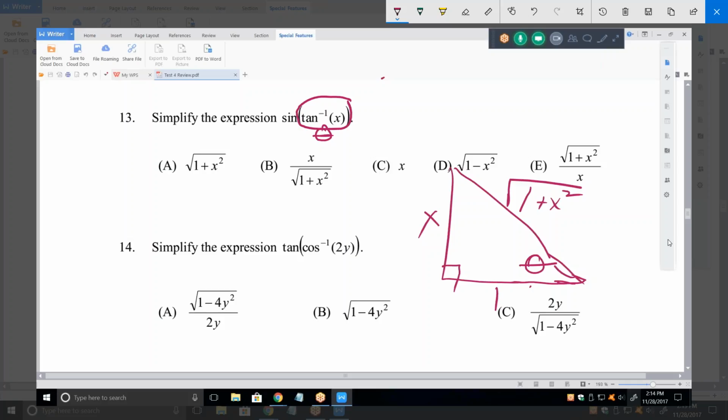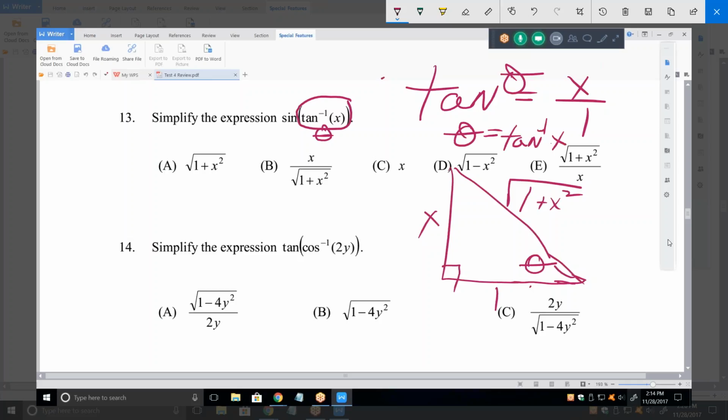And if that angle is theta, then the tangent of theta is X over 1, if it's dimensioned like this. Well, then that makes theta equal to the inverse tan of X over 1. Well, that's what they're telling us.